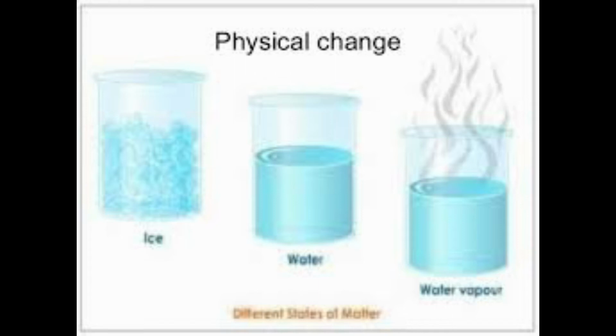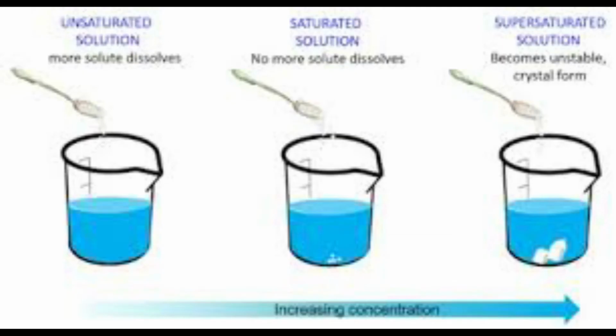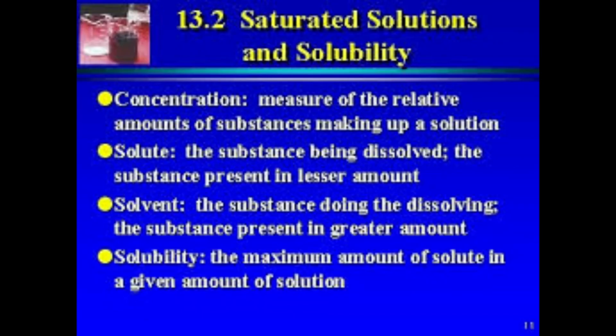An unsaturated solution contains a lesser amount of solute than the maximum amount of solute which can be dissolved at that temperature. A solution in which no more solute can be dissolved at that temperature is called a saturated solution.